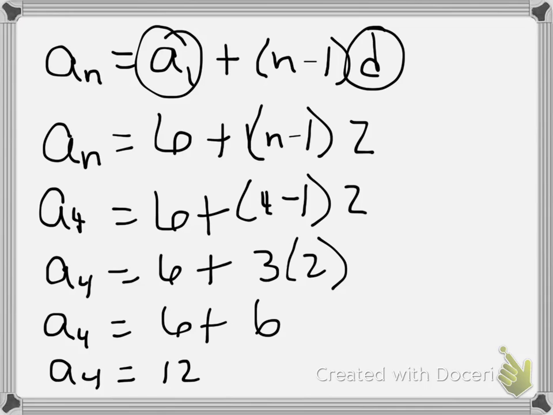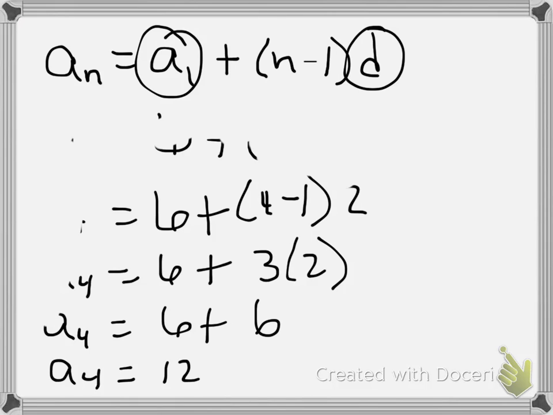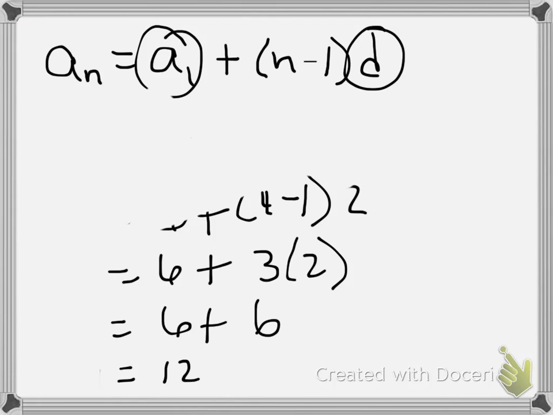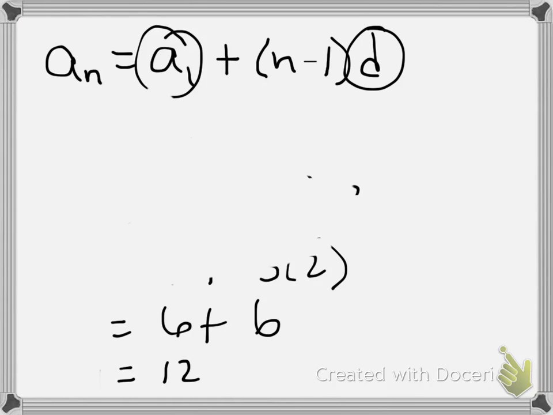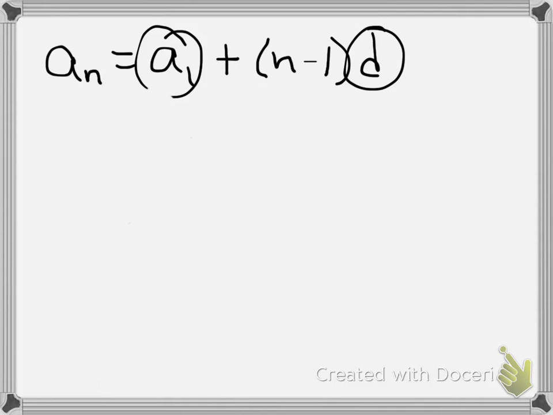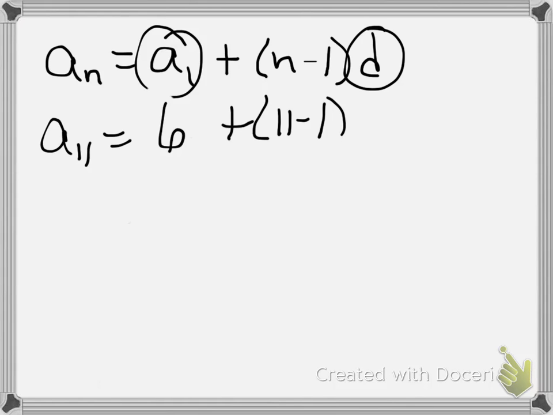Now if we want to take that same formula, let's erase all this, we want to find our 11th term. We're going to do the exact same problem, except instead of putting in 4, we're going to stick in an 11. So our 11th term is going to be, again, our 6 is our first term, plus 11 minus 1 times our common difference, which is 2.